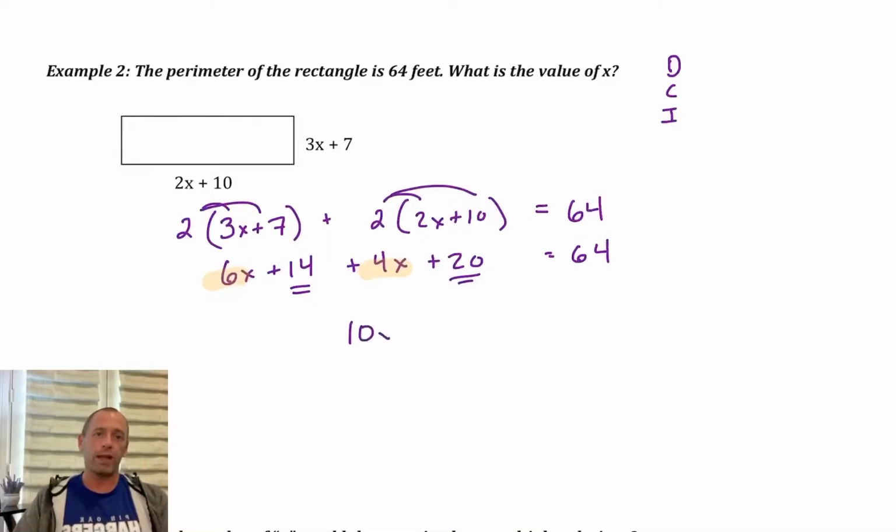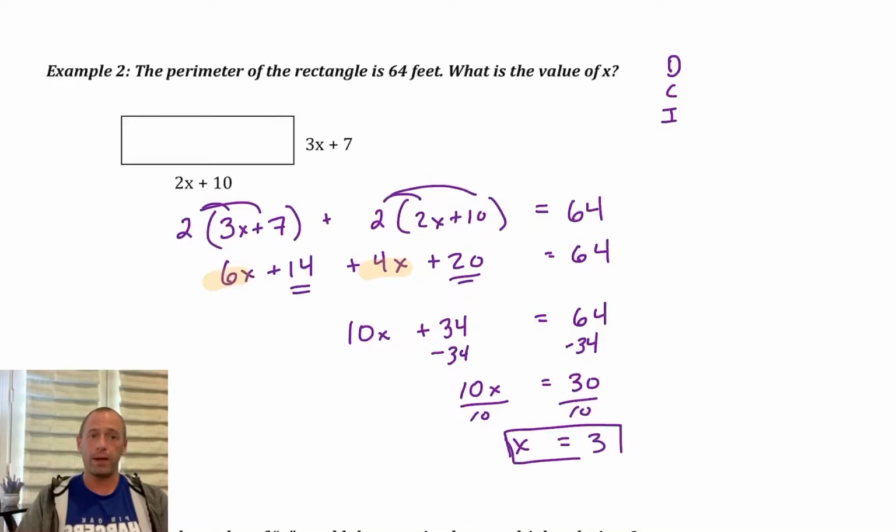We put those together to get 10x plus 34 equals 64. And this is just a two-step equation at this point. Subtract 34 from each side to get 10x is 30, or x equals 3. If you wanted to substitute this in, replace all your x's with a 3, you would see that the perimeter does indeed equal 64.